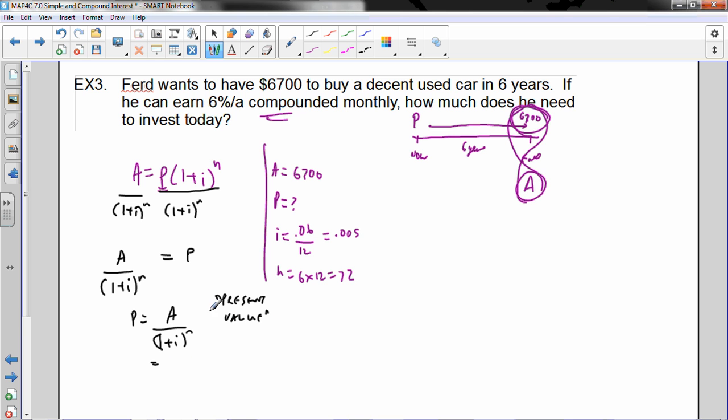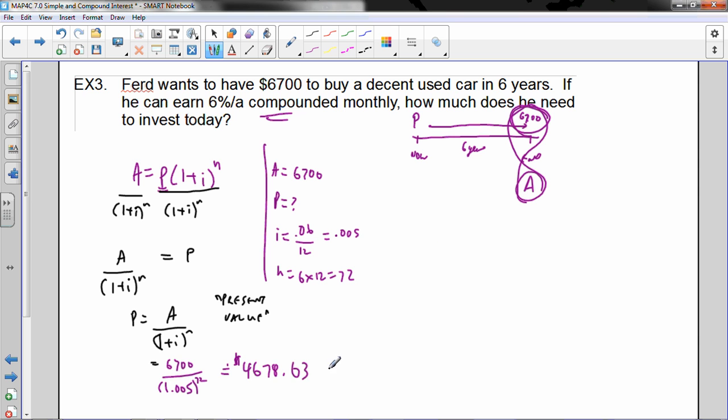And now if I wanted to substitute into it, I can. 1, and notice the I is 0.005 to the exponent 72, and then I should be able to put that into a calculator. 6,700 divided by, if you want to put brackets in there, you can, 4678.63.